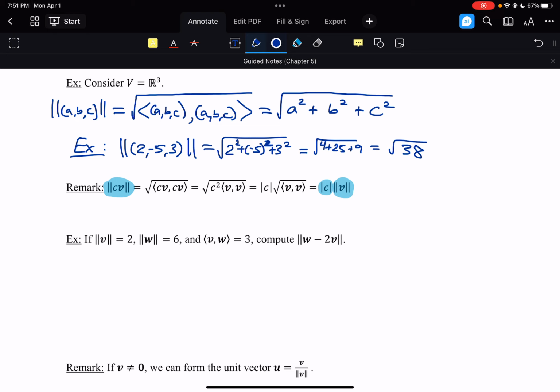So in order to compute this, I get the length of w minus 2v. It's going to be the square root of the inner product of the vector with itself.